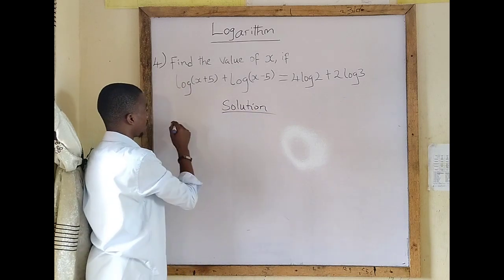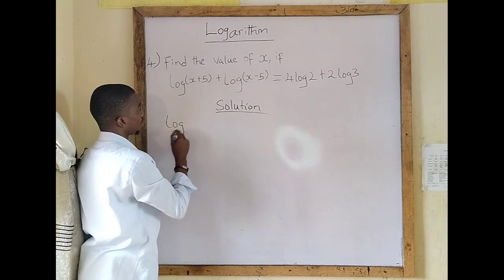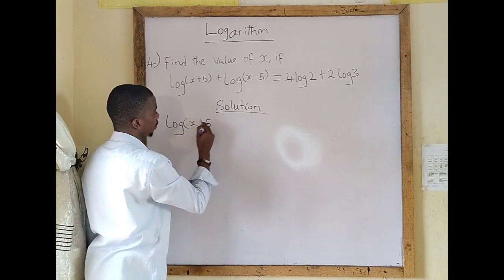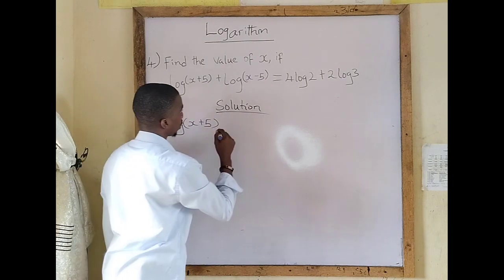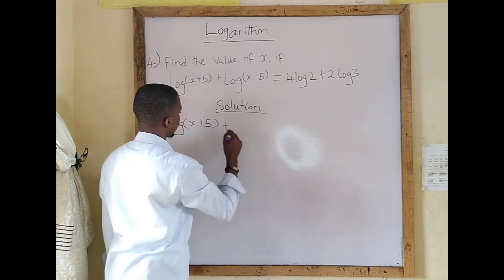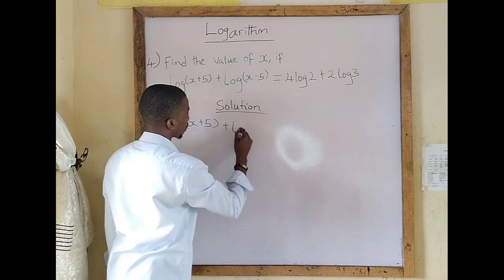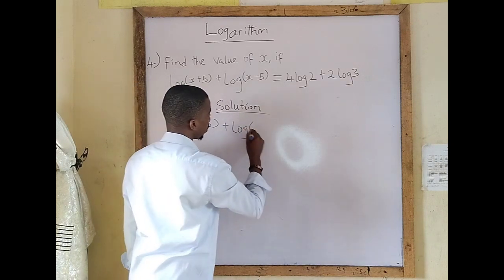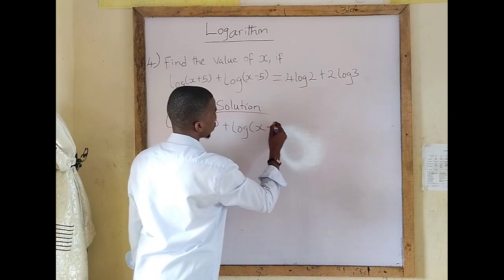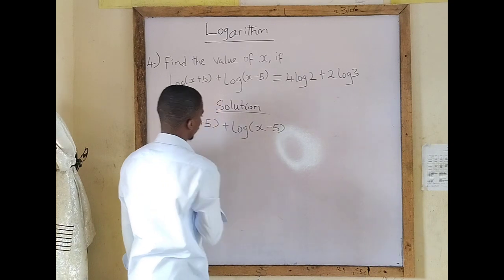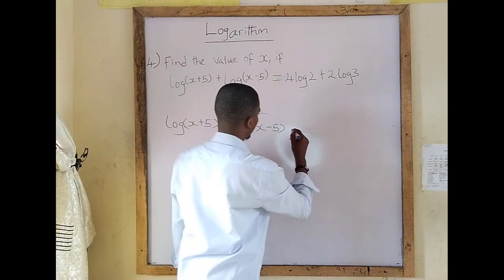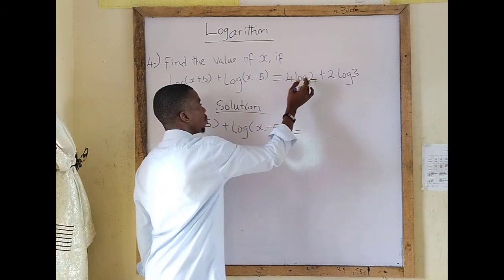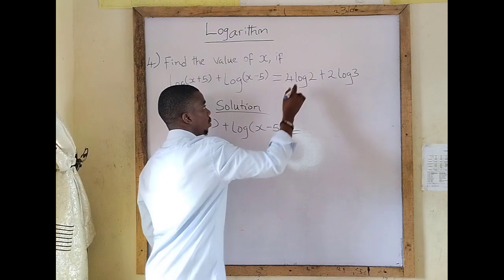So that we have log (x + 5) plus log (x - 5) equal to, take this, this came from the power rule.